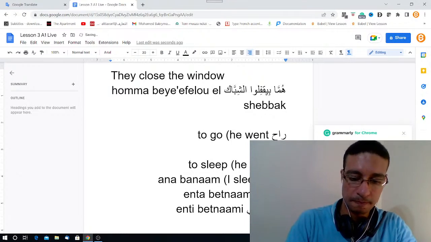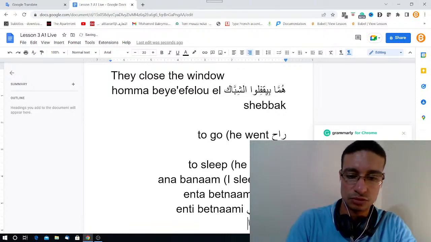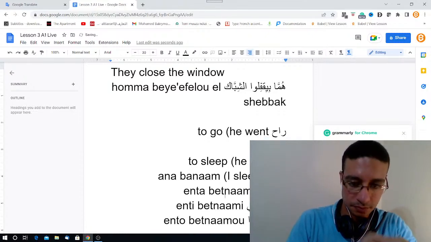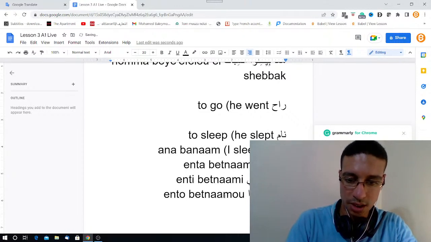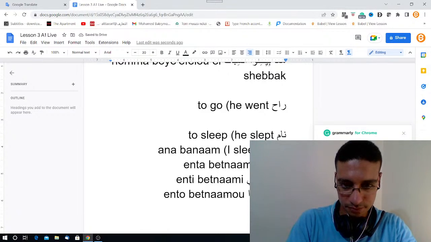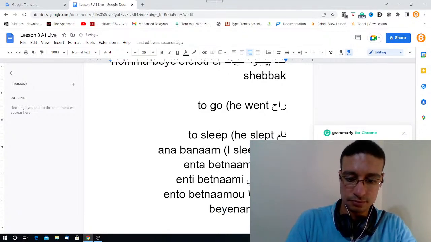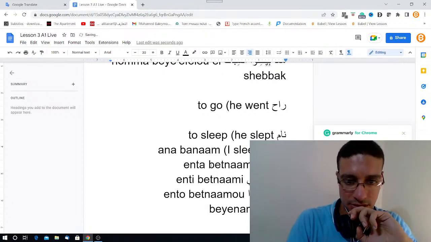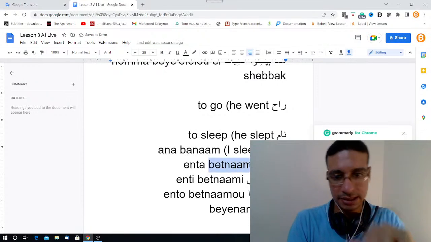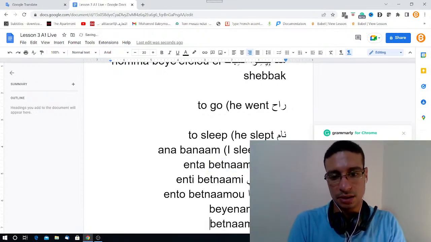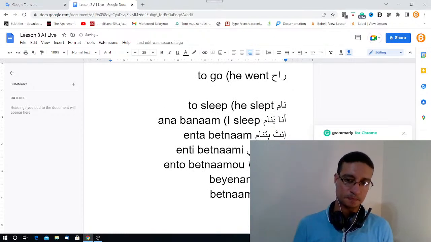Then أنتوا بتناموا. هو بينام. هي بتنام. هي is always exactly the same conjugation as أنت.